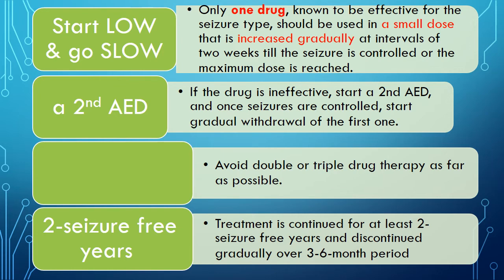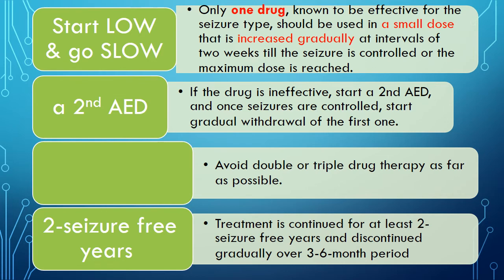The principle of giving long-term anti-epileptic medication is to start low and go slow. Only a single anti-epileptic drug known to be effective for the type of seizure should be used in a small dose and increased gradually at intervals of 2 weeks until the seizure is controlled or the maximum dose is reached.